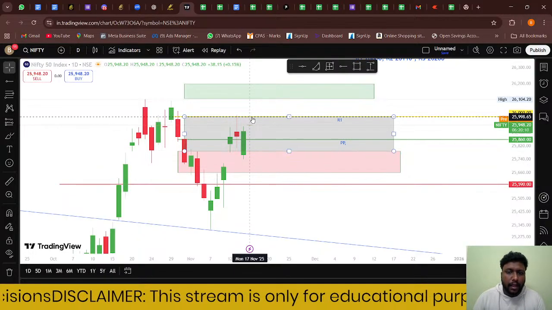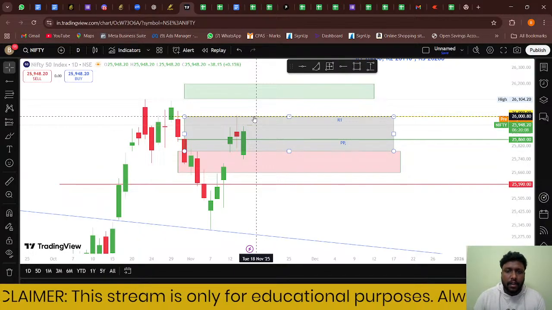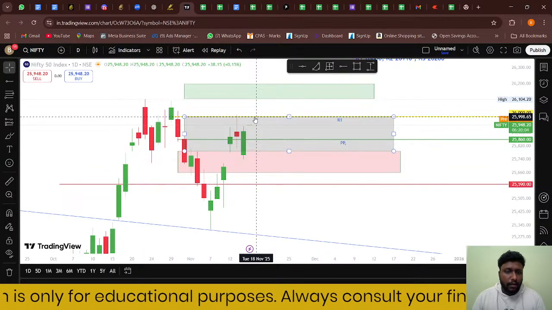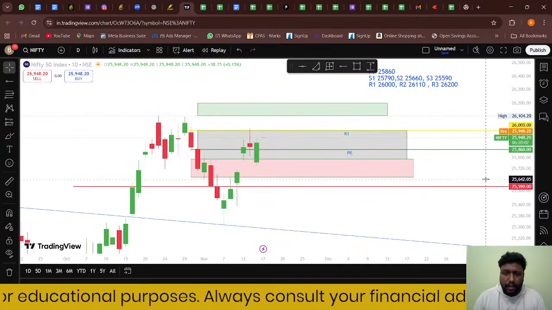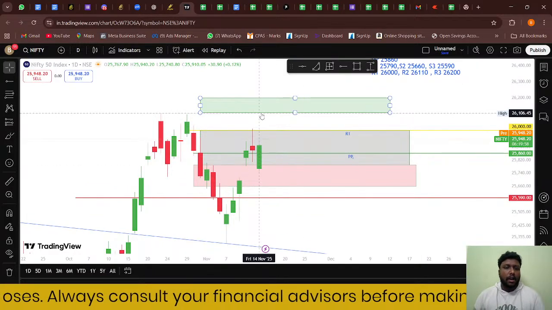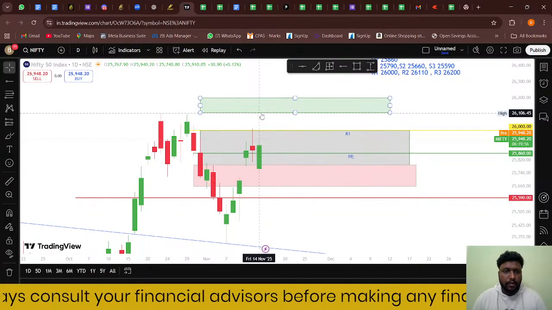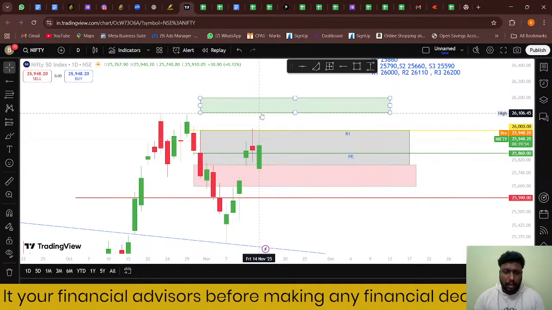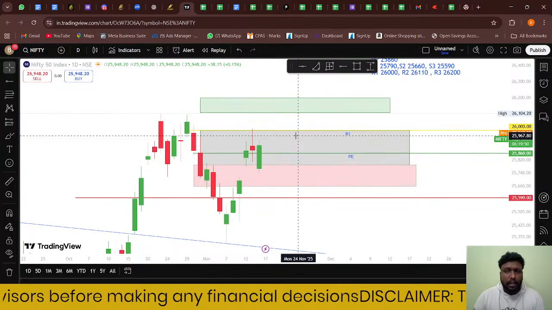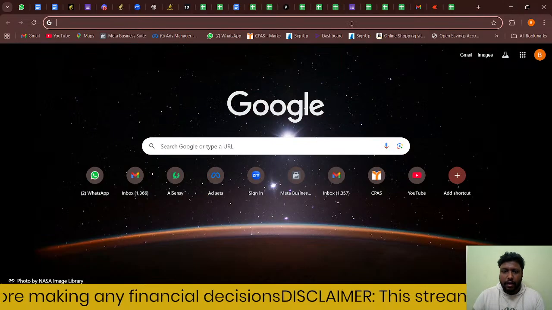Or you can plan a trade from this particular level after it gives a proper breakout to this level with a higher volume. Volume should be there, then only we can validate this particular movement, and you can ride up to the R2 and R3 zone with respect to that movement or the volume. So you should definitely wait for the first initial 15 minutes.